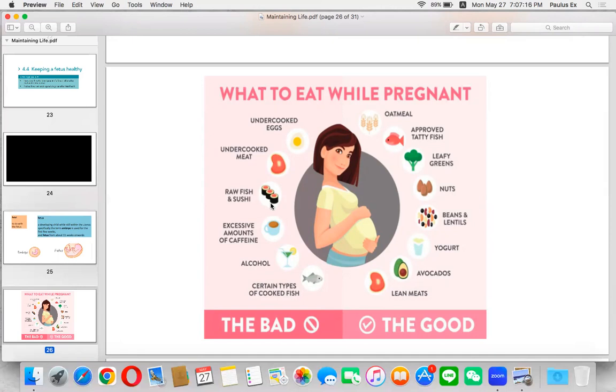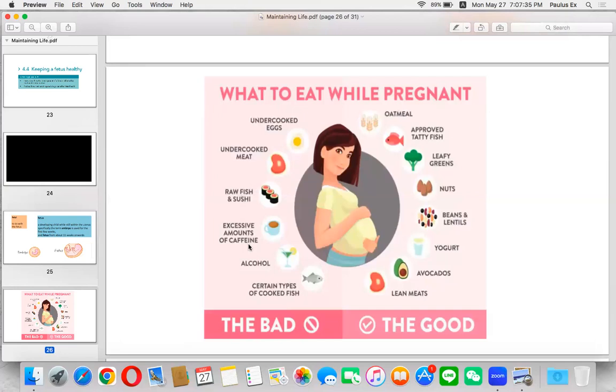Why do we prohibit these things? Because they are not fully cooked, and there may be bacteria that can harm the baby.